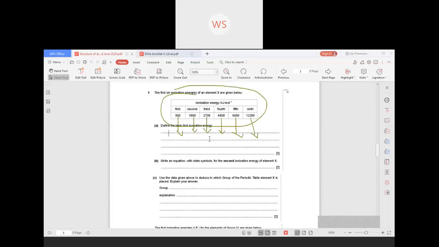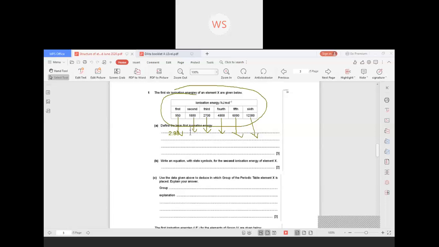So log 950. What is the value? 2.98. Okay.